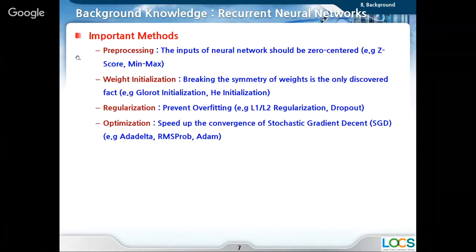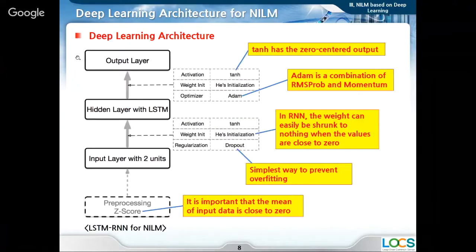One of the most important steps in deep learning is to find the proper methods. The methods in the slide are pre-processing, weight initialization, regularization, and optimization. But unfortunately, today I'm not going to explain them because of the time limits. So please refer to my papers for details. We selected the proper methods through experiments.